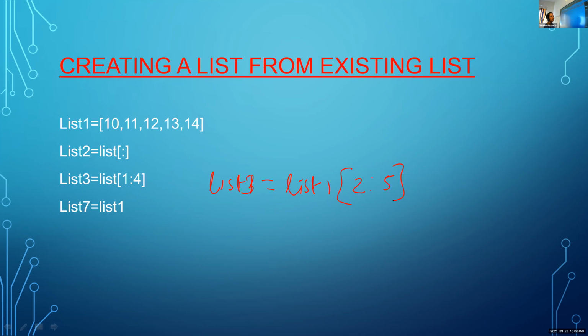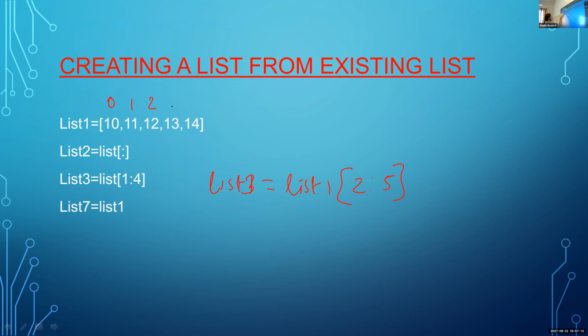Aparna? Yes, ma'am. What is the result of this statement? List 3 is equal to list 1 colon within square brackets 2:5. What is the result? 12, 13, 12, 13 only.